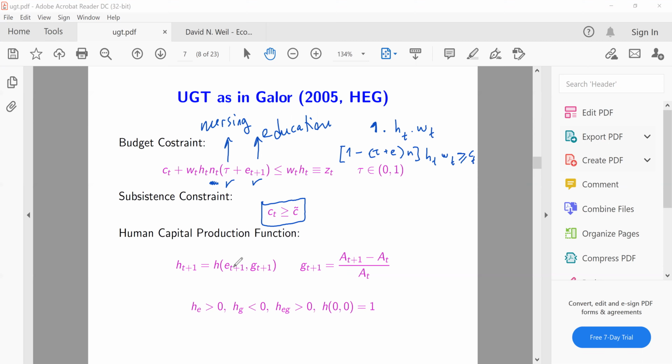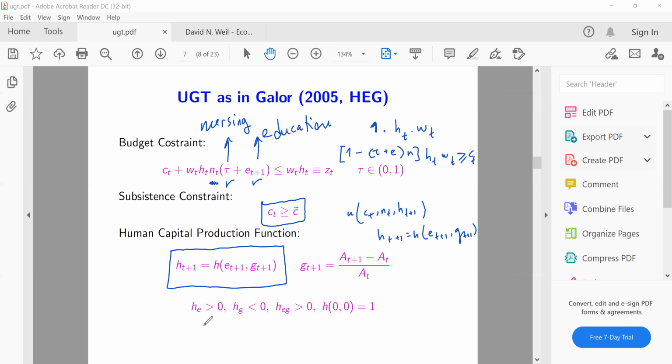The last thing we should know is the human capital production function. Why do we need to know that? Because utility depends on H_t+1, right? And H_t+1 itself depends on E_t+1 and g_t+1. So here the function H is left unknown, left implicit.